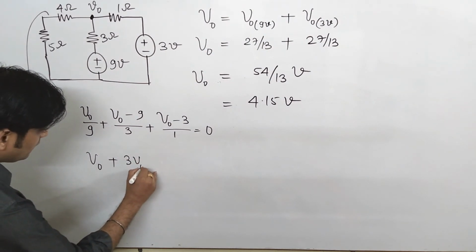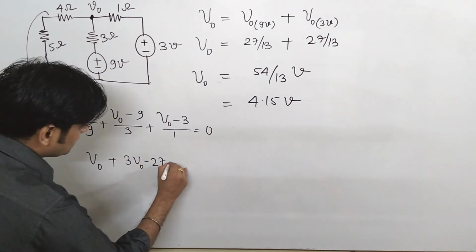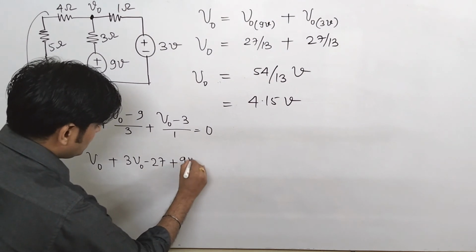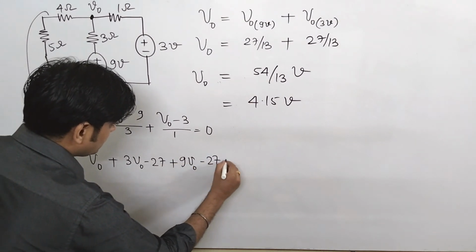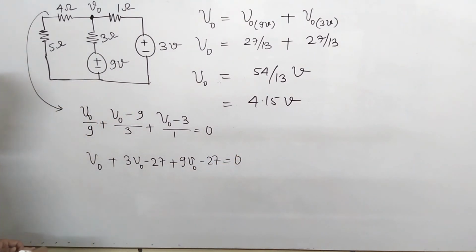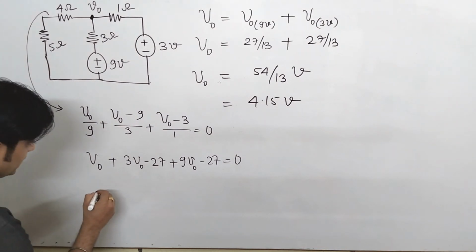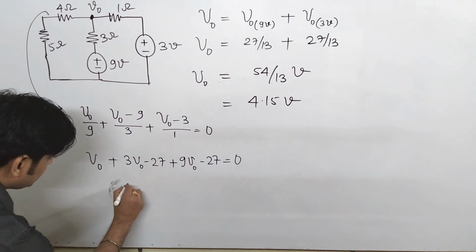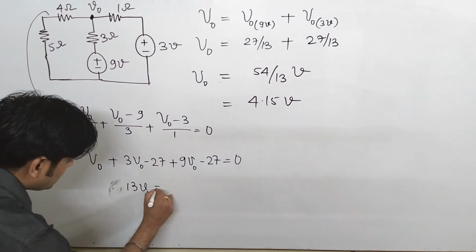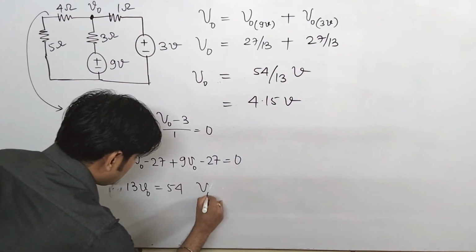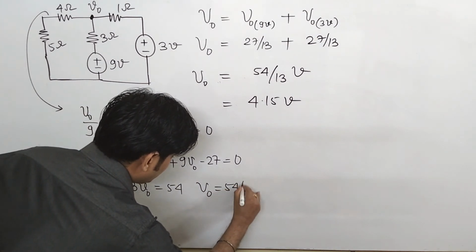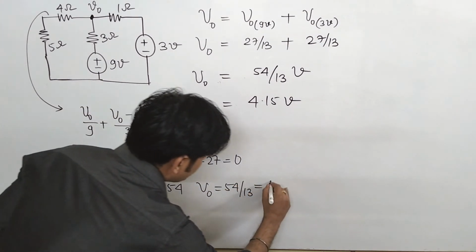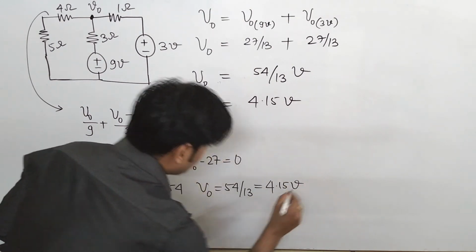So it is 3 V naught minus 27 plus 9 V naught minus 27 is 0. So that comes to be how much? It is 13 V naught equal to 54, or you can say V naught is 54 by 13, that comes to be 4.15 volt.